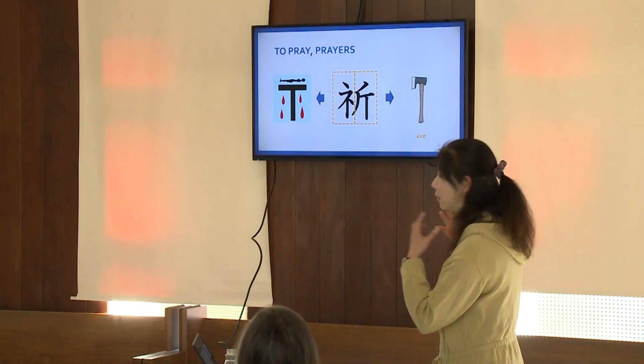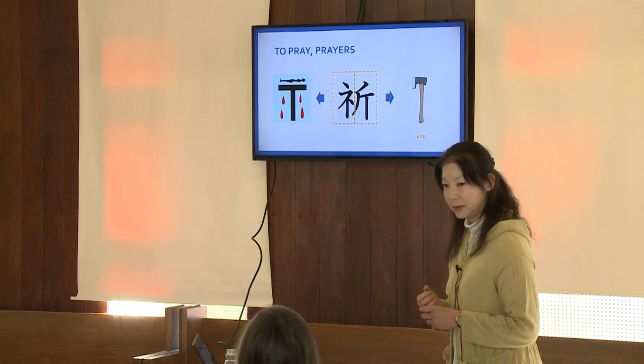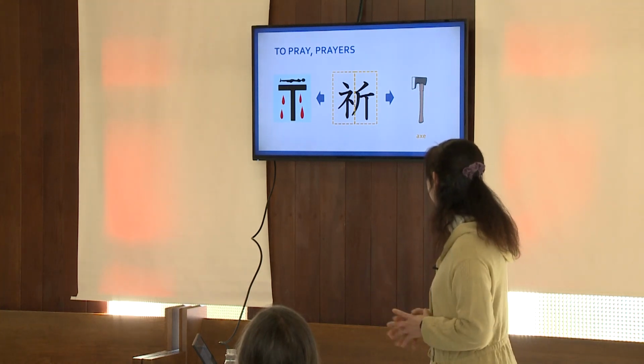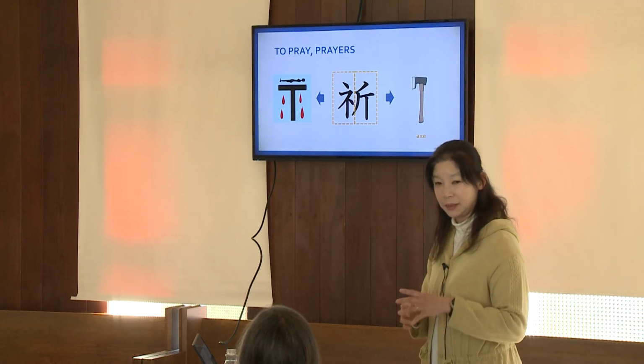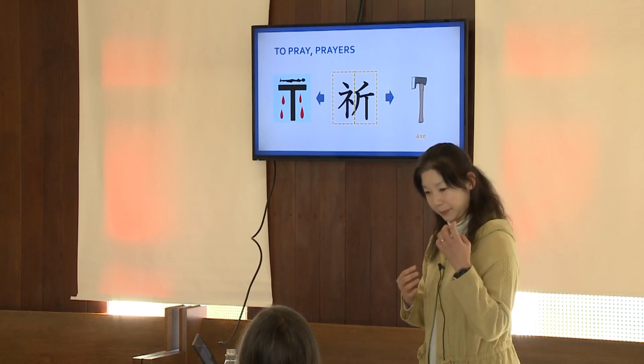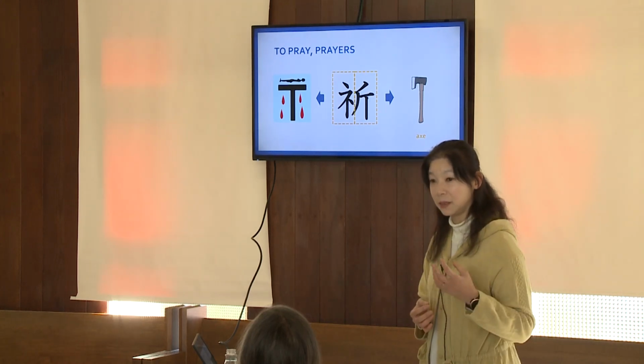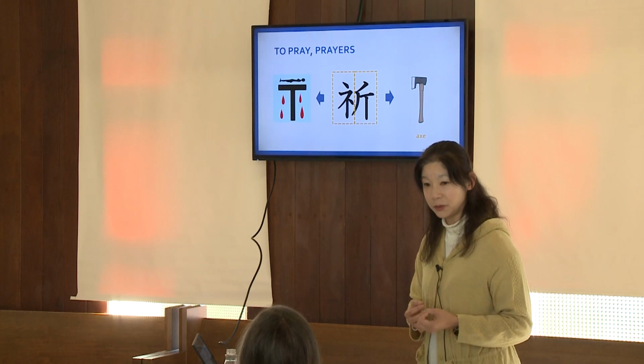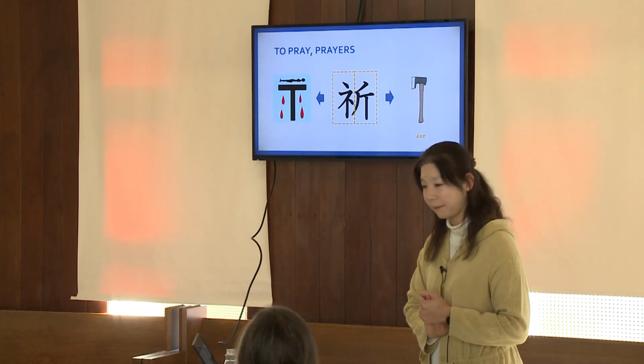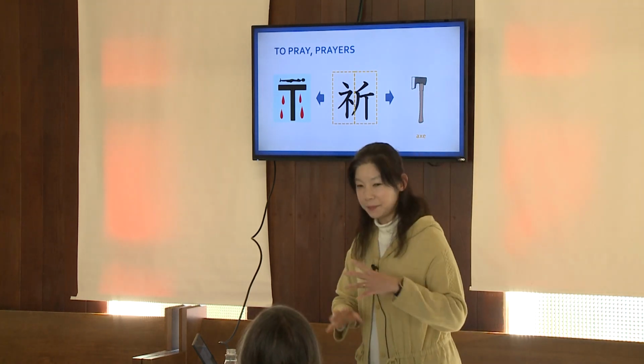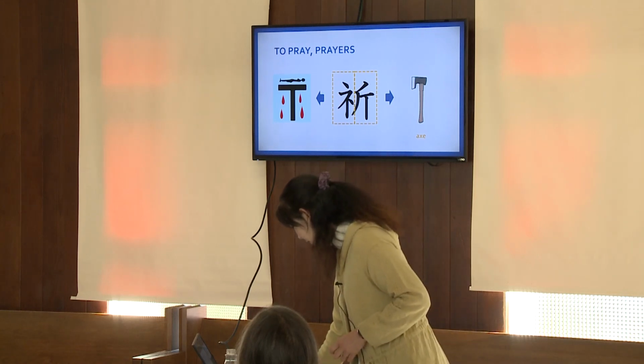So it means to go closer. So maybe the character represents that prayer is related to God and the human wish to be closer to God. So there are many theories about characters.